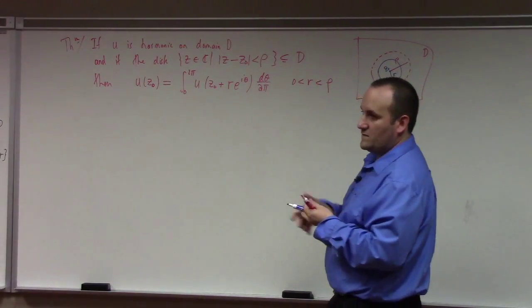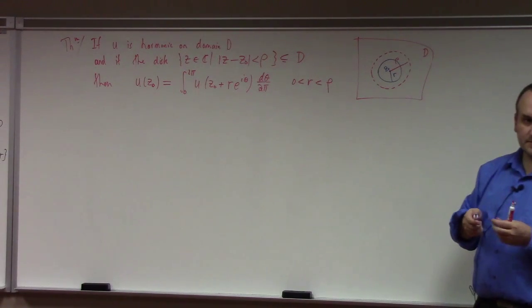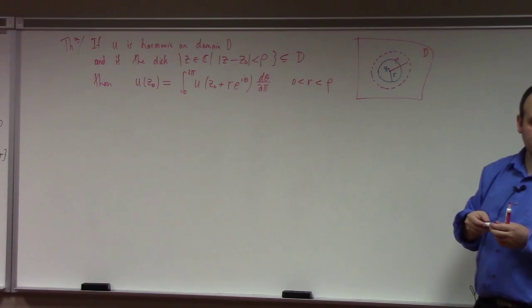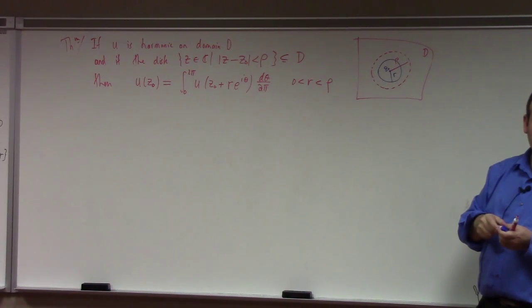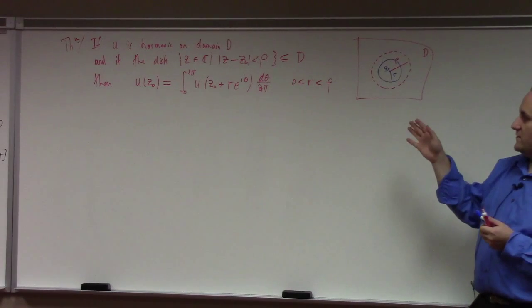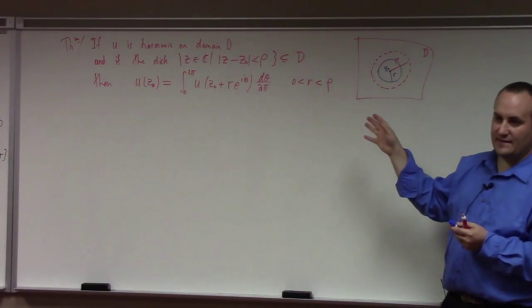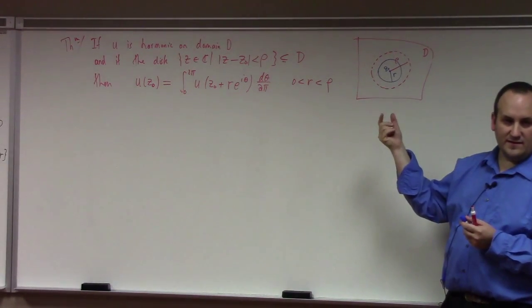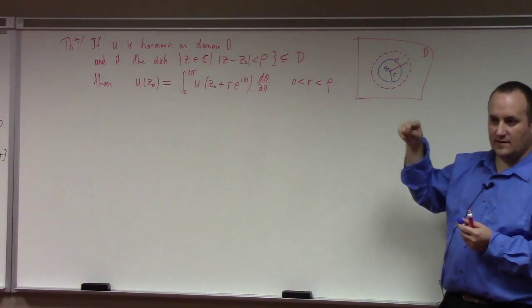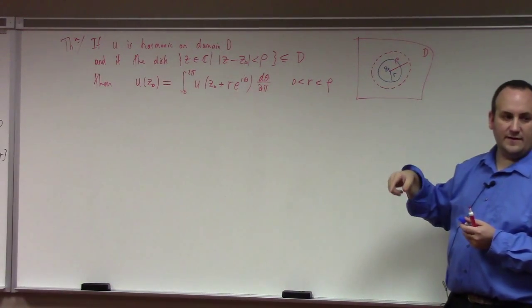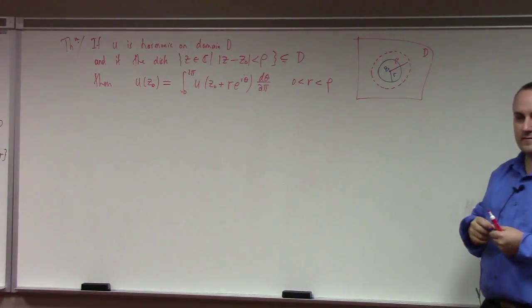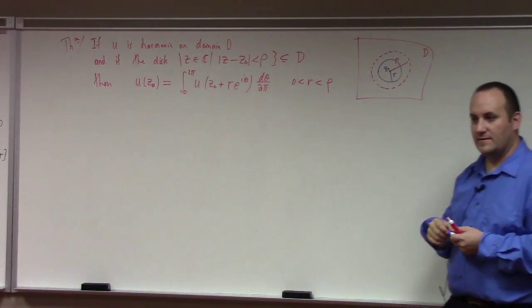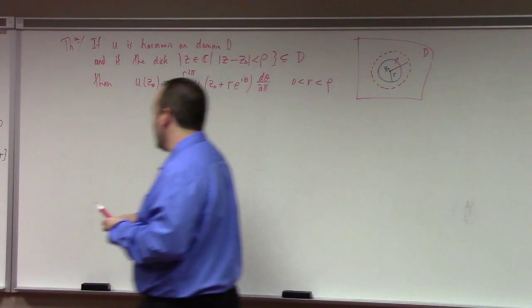What does it say in words? That the functional value at z naught is equal to the average value. It says the value of a harmonic function at the center of the circle is equal to the average of its values on the circle. And that's true for any circle around that point, within rho.